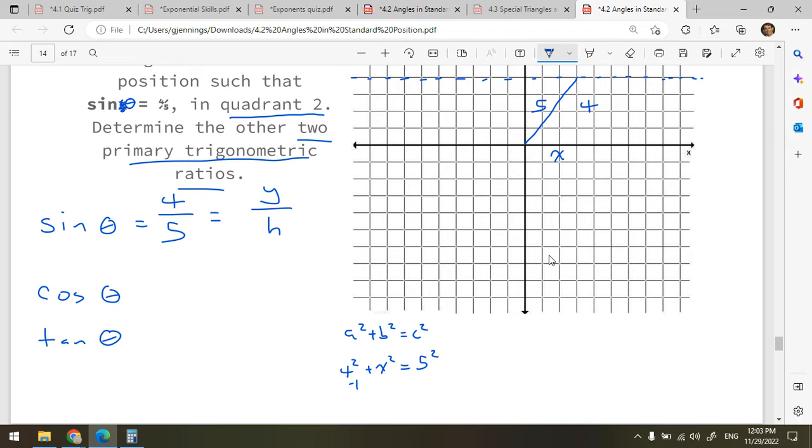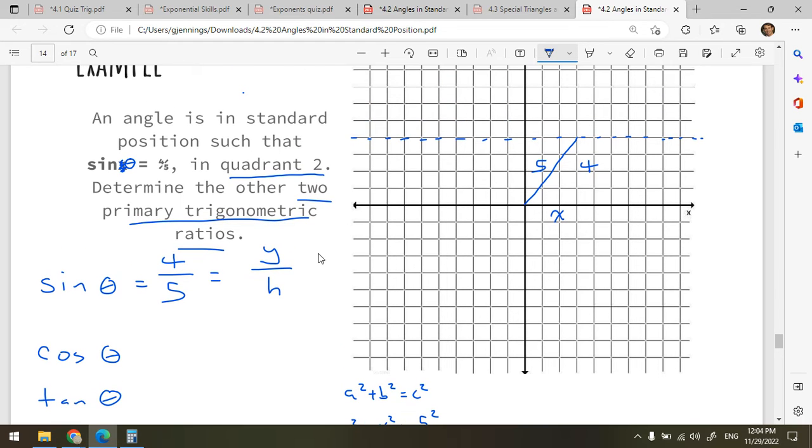So I'm going to subtract 16 from both sides. And I get x squared equals 25 minus 16, which is 9. Therefore, x is equal to 3. I've just solved for where that point could be. But there is another. Negative 3 could also work. Negative 3 squared is also 9. So it's actually plus or minus 3.